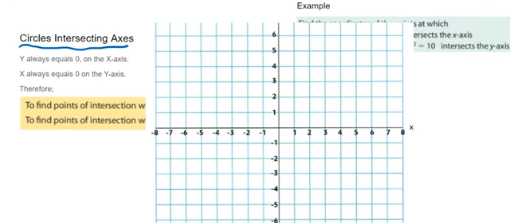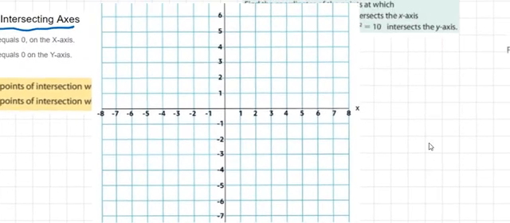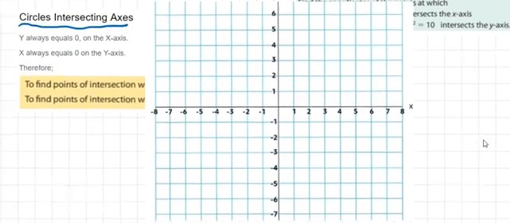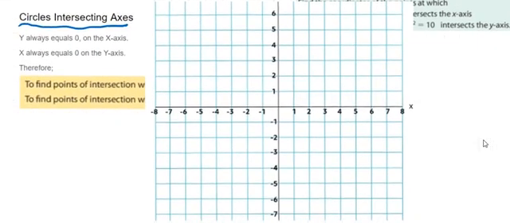So what I mean by that is, I just want to show you here first. If I was to pick out some points that are on the x-axis, the coordinates of that point are 4, 0. You can see there that the x value, the y value, is 0. This point here is -2, 0.